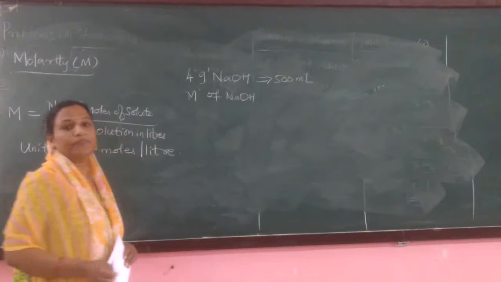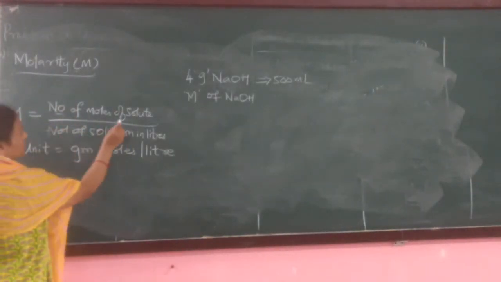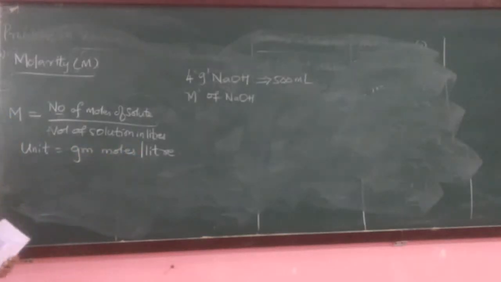Now this is the problem. As you all know, molarity is given by number of moles of solute divided by volume of solution in liters. The volume is given in ml, so you have to convert it into liters, that is dm cube.